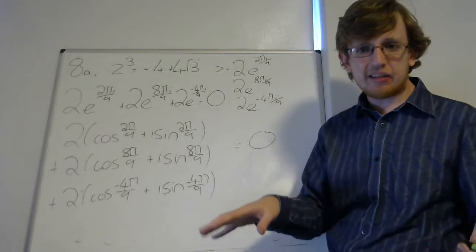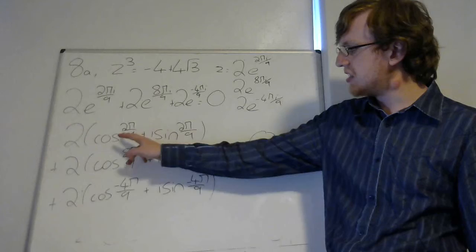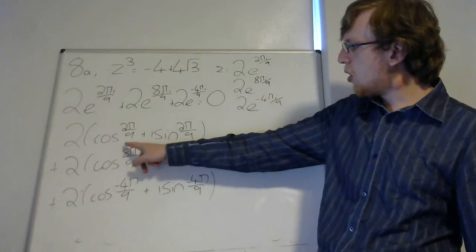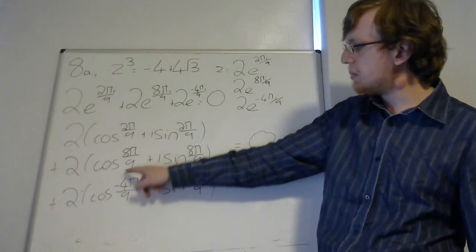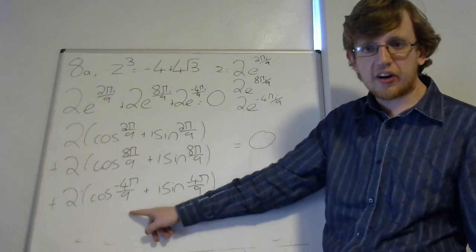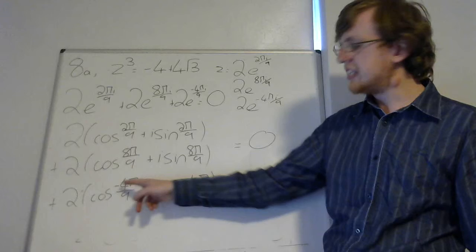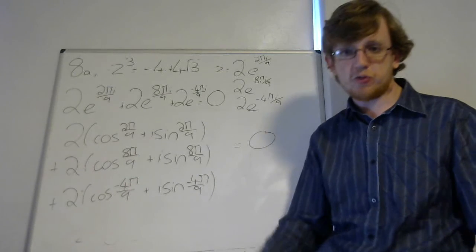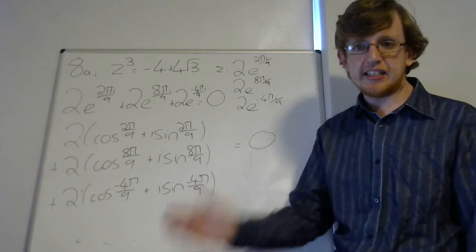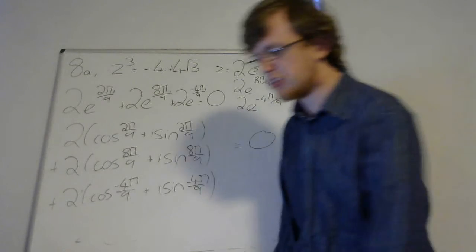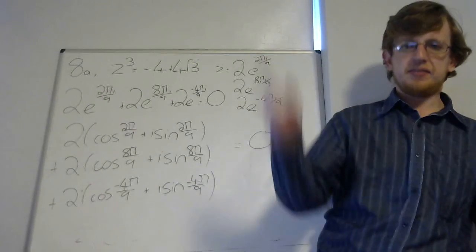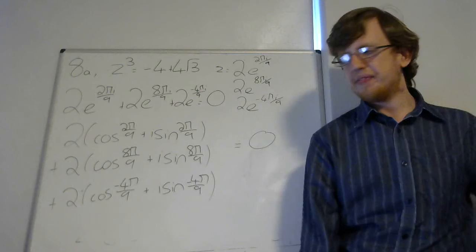You can just get rid of that, because we're only interested in cosines. So 2 cos 2 pi on 9 plus 2 cos 8 pi on 9 plus 2 cos minus 4 pi on 9 equals 0. Divide everything by 2 and change the minus 4 pi on 9 to plus 4 pi on 9, because cos is an even function. It's symmetric about the line x equals 0.